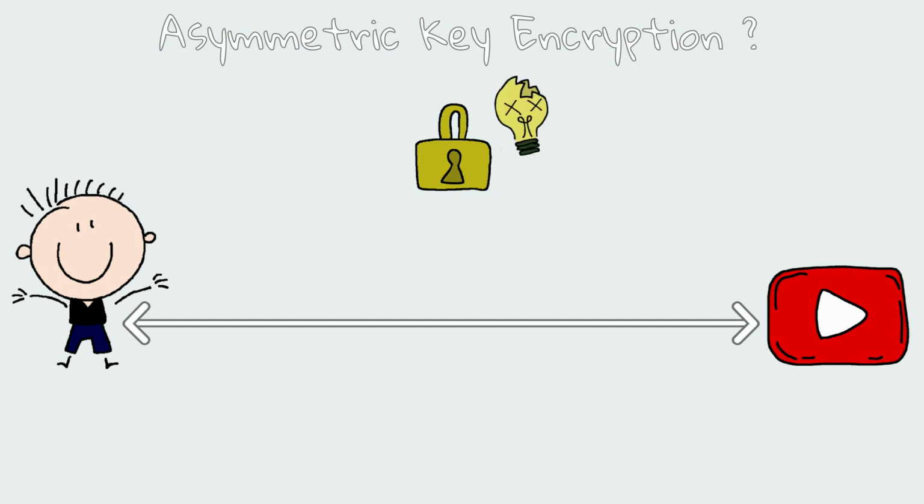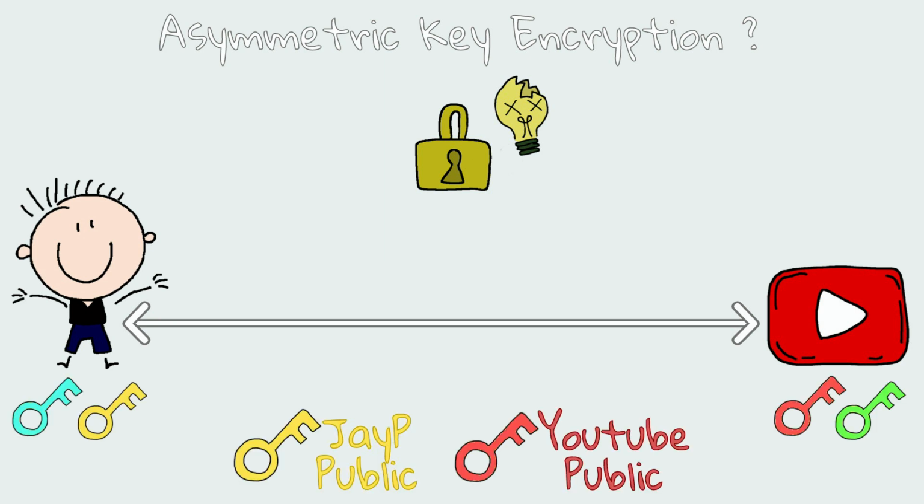Let's visualize it. So, in asymmetric key encryption, each of YouTube and JP will have its own public private key pair. JP would send his public key to the server, YouTube, and YouTube also would send his public key to JP, and the respective private keys are kept secret.